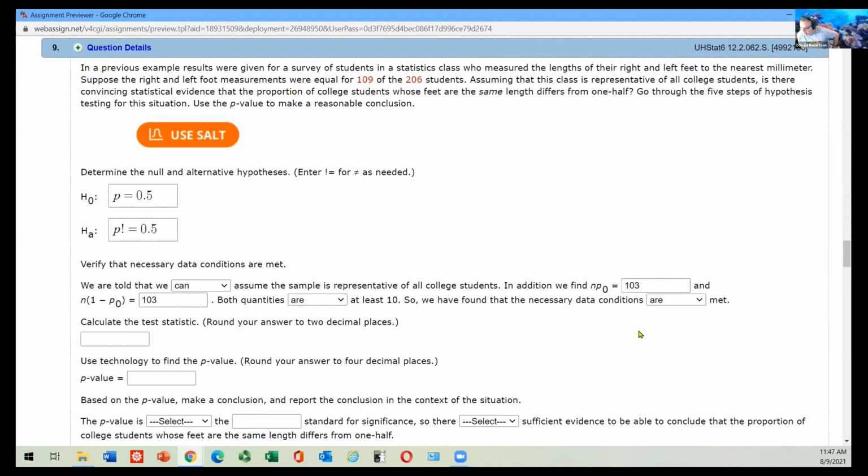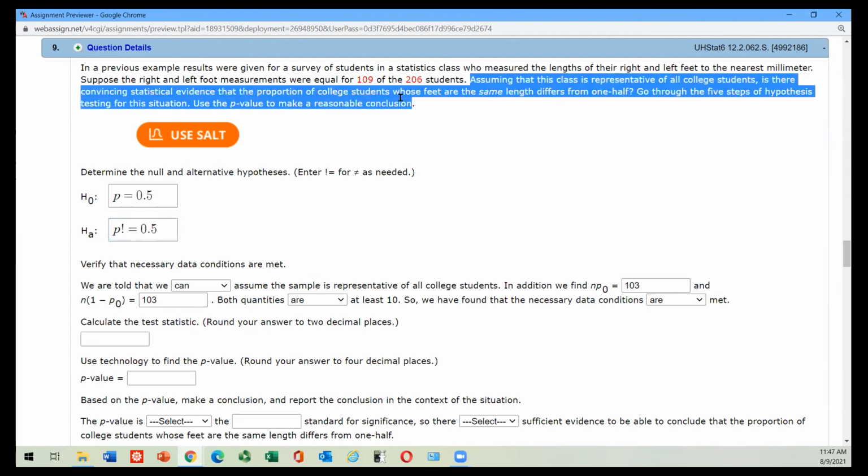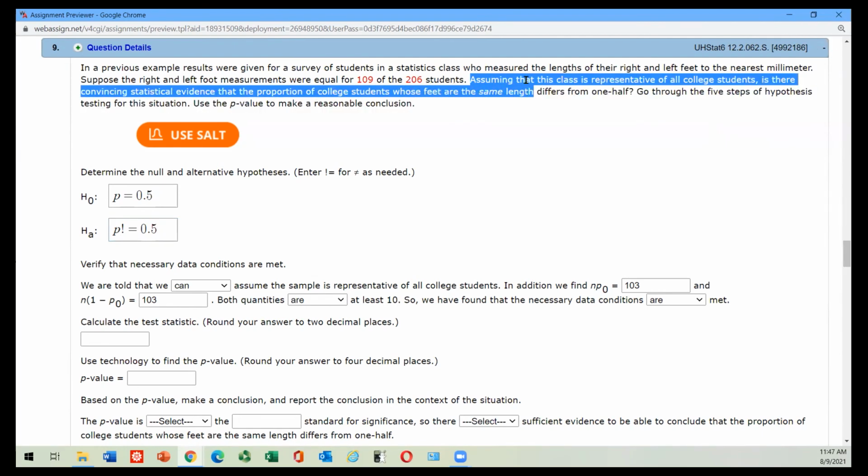Okay, now mine doesn't even like the p-value, and I used my own numbers. Are you dividing the 109 over the 206 to get the proportion? I'm not doing that yet. Okay. So the 0.5 is because we want to check that there's enough evidence that they're different.